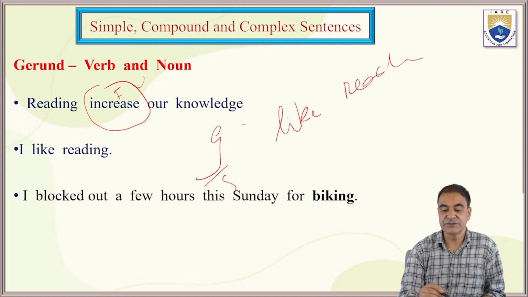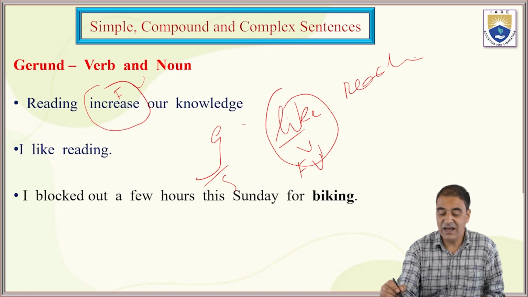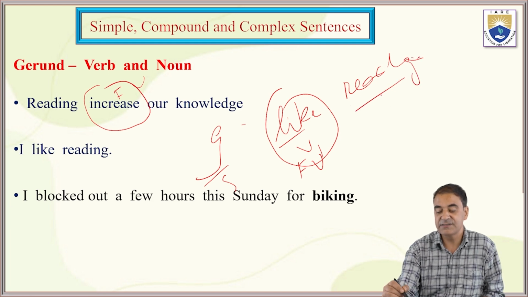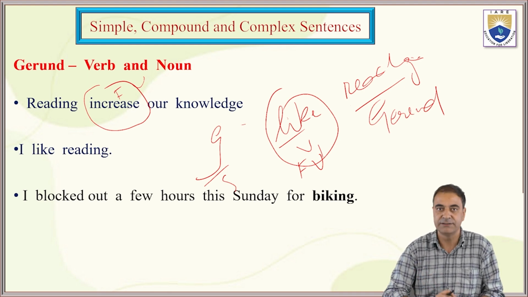I is the subject. Like is a verb in first form. Therefore, it is a finite verb because it shows the time of an action. And the reading here is again a gerund. How is it a gerund? Because here it has the force of a noun and a verb. It has the force of a verb because it is derived from the root verb read.